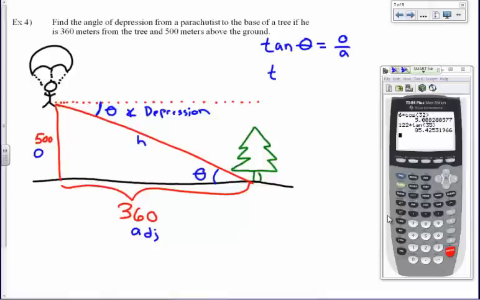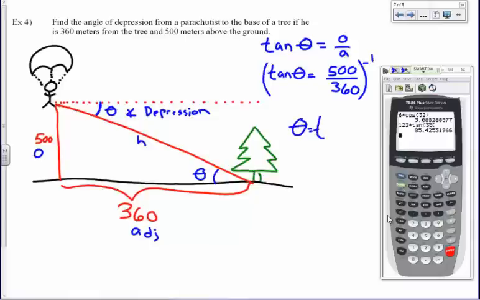And I notice that I once again have a tangent function because I have the opposite side and the adjacent side. The tangent of that theta is going to be equal to 500, the opposite, over 360, the adjacent. I want to get theta alone, so once again I have to take the inverse tangent of both sides.